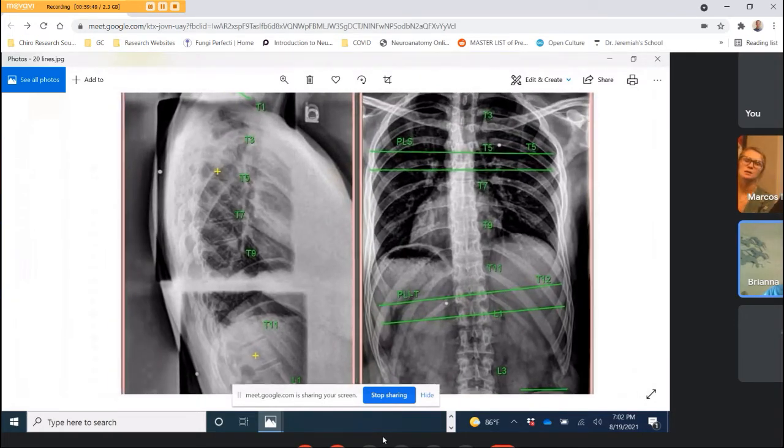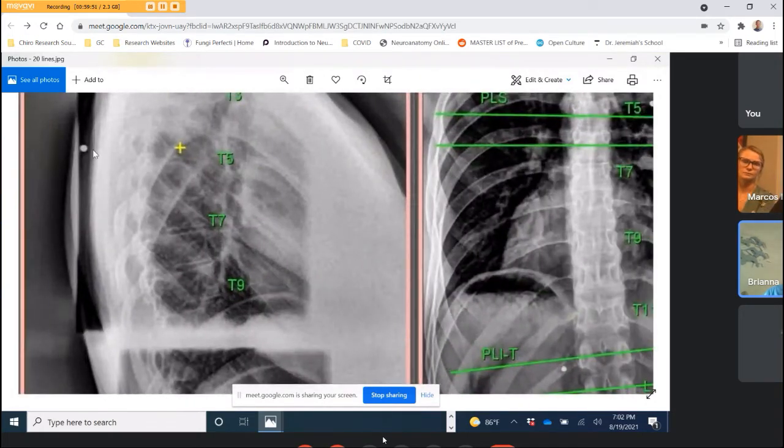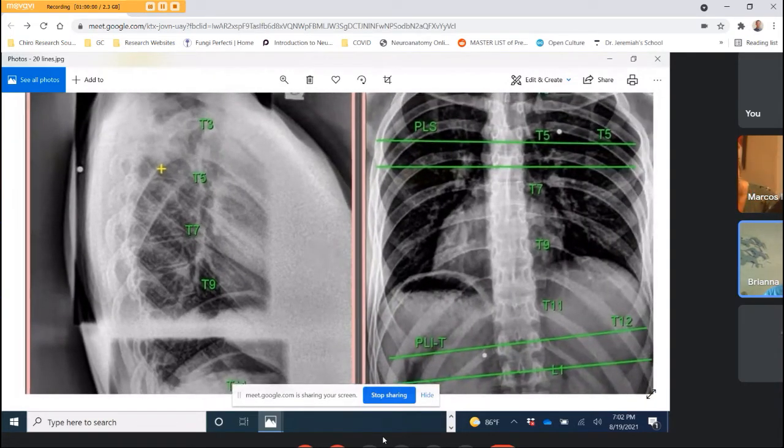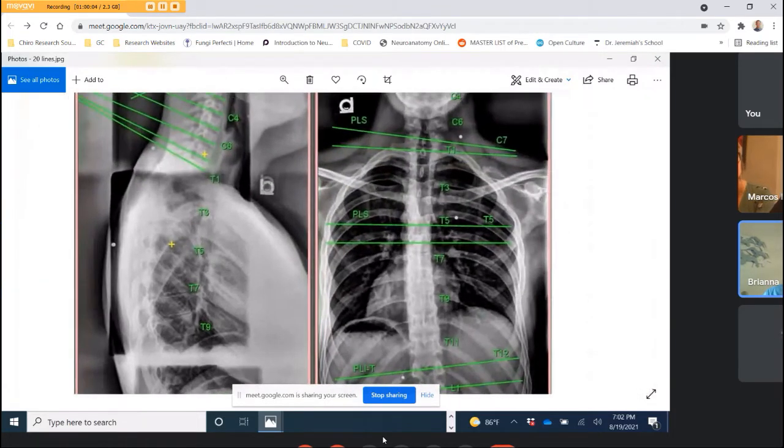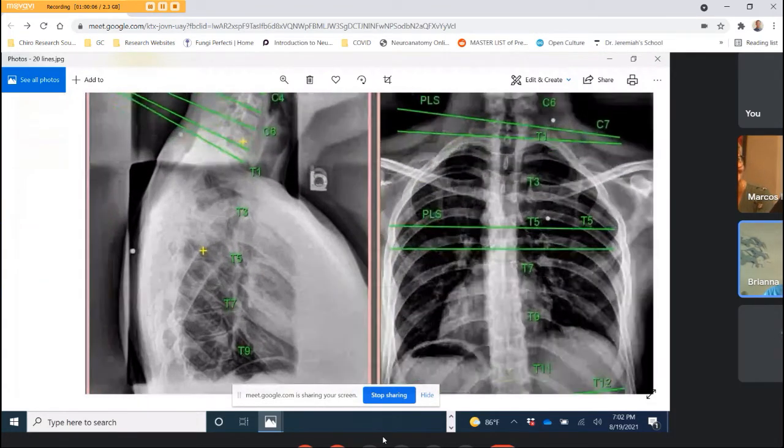He's marking up here at T5, so that must be where he thought he got his break. And we were thinking it was a little lower. And he's calling PLS on 5.